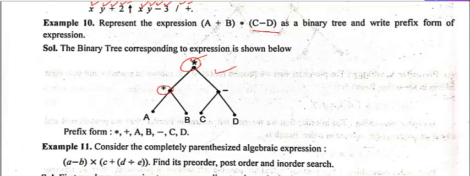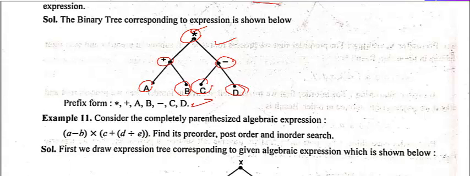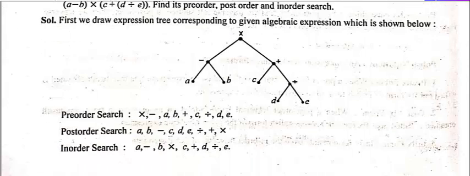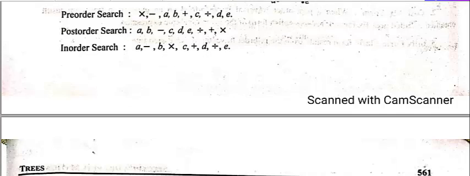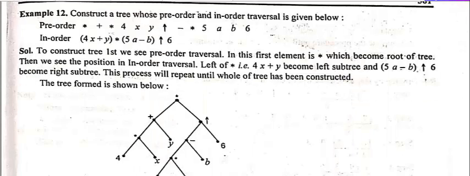Then you have visited root, then left, then right, then you move, you have visited root also, left also, then right, then left, then right. So this is the way to visit. So you have many examples. So I think you can do it yourself also. It's very easy to understand.